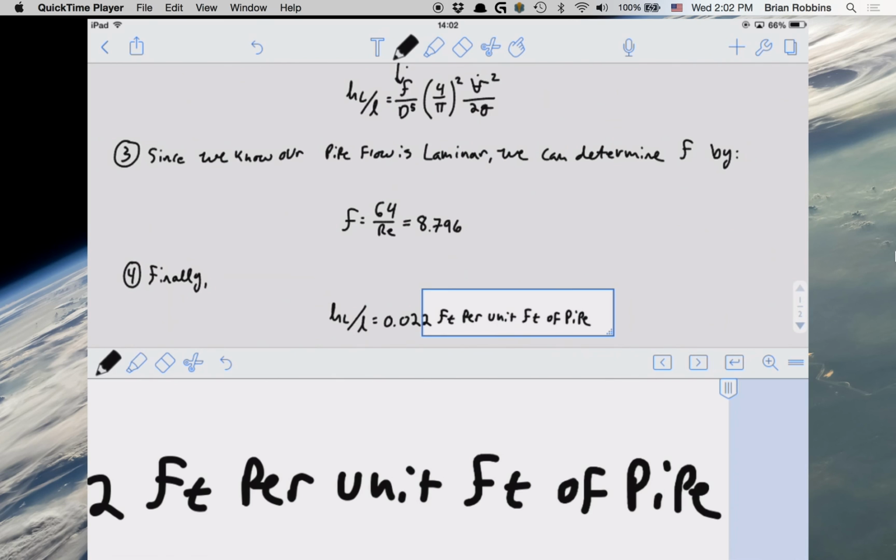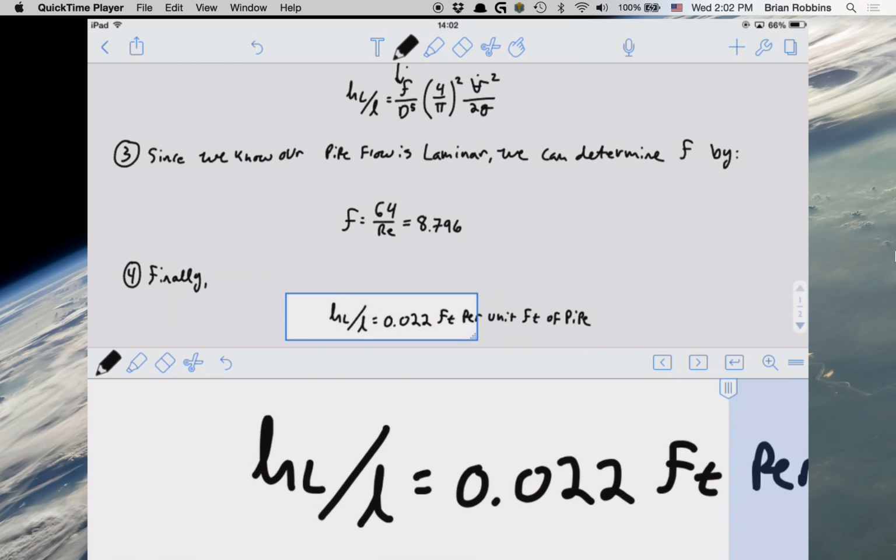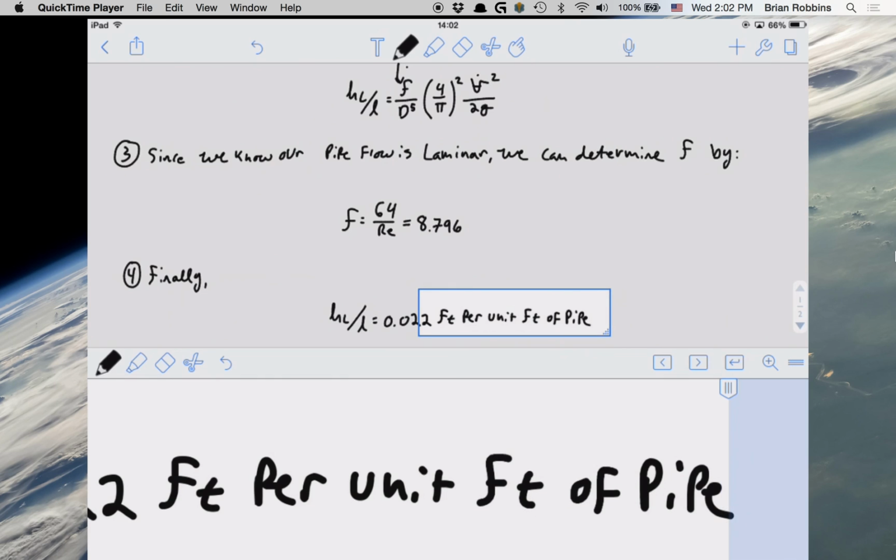So it's explicitly defined in both the right or left hand side, HL divided by the length of the pipe, and it's also explicitly defined in terms of our units.